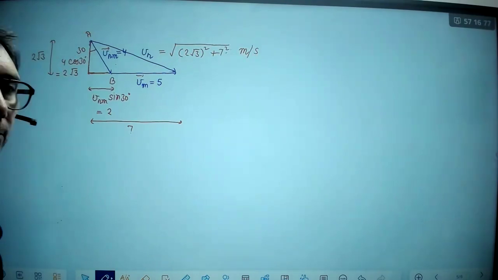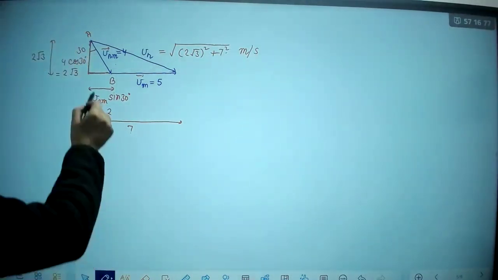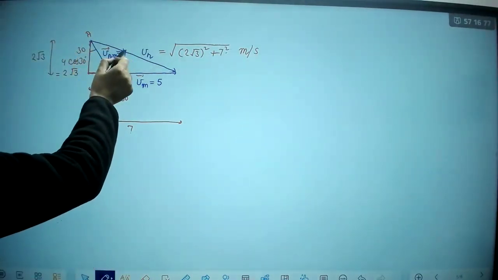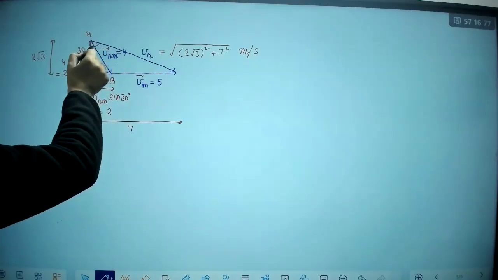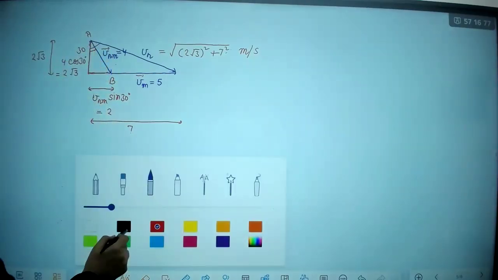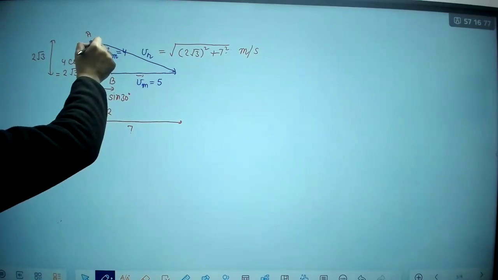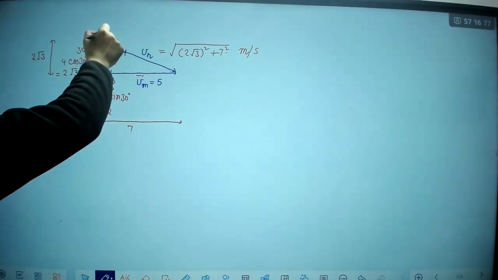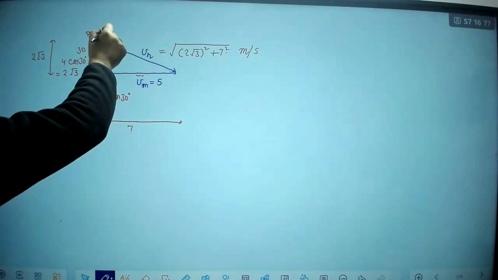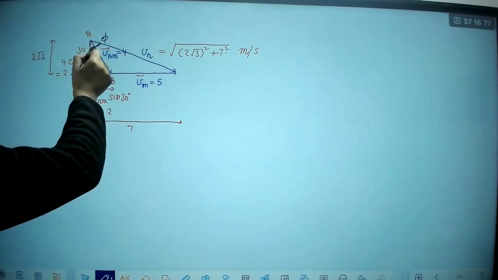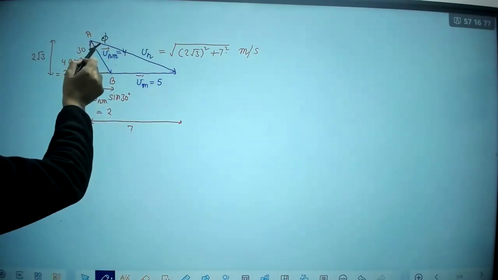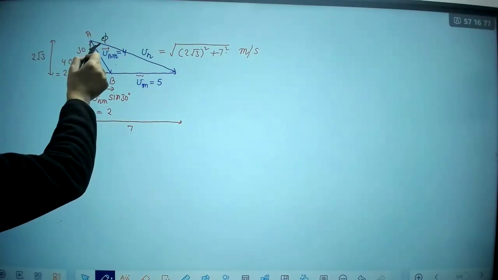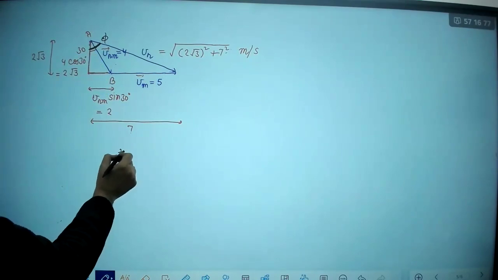Now, if someone asks you the direction of the actual rainfall with the vertical, I'm saying this could be anything, phi. You want to find out this phi. What is tan phi from this triangle?